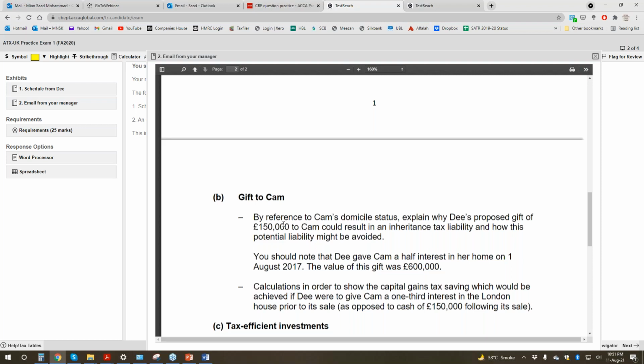Then there are calculations to show any capital gains tax saving which would be achieved if D were to give CAM a one-third interest in London House. So I have to check what the relationship is between D and CAM, and why she is giving gifts to him. Then I'll be able to suggest what to do. But I know for sure that this part relates to IHT.